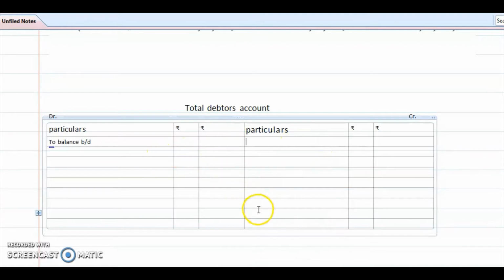Opening balance here means closing balance here, by balance carried down.